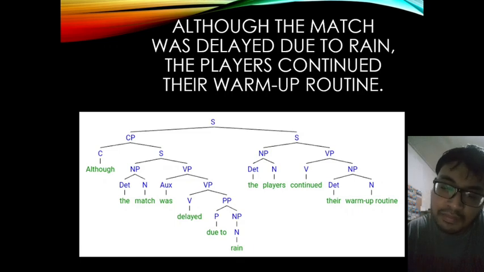Continued is the main verb, and their warm-up routines is the direct object. The whole sentence is split into two ideas: the delay and the continuation of the warm-up.